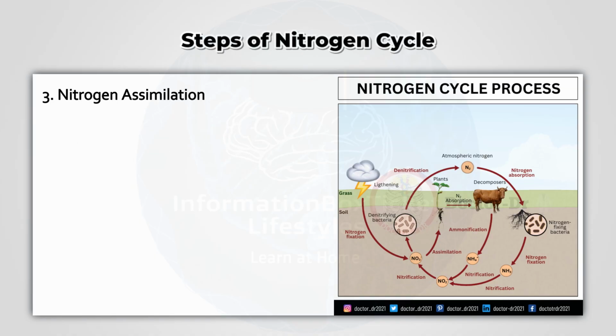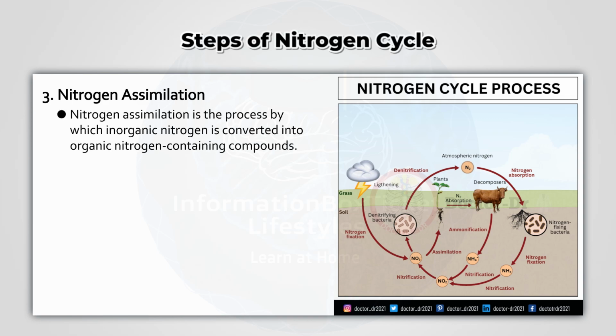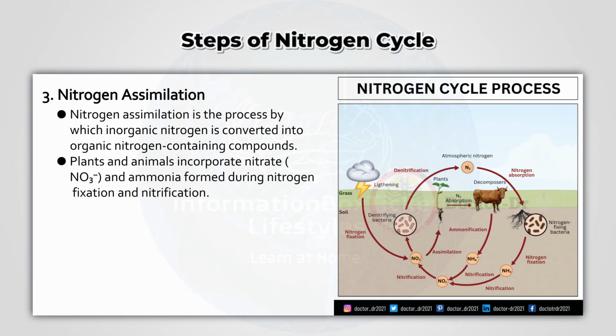3. Nitrogen assimilation. Nitrogen assimilation is the process by which inorganic nitrogen is converted into organic nitrogen-containing compounds. Plants and animals incorporate nitrate and ammonia formed during nitrogen fixation and nitrification.